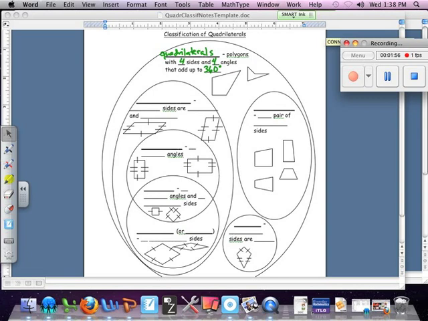Trapezoids? These are trapezoids. Now, this one might throw some people, or even this one, because the trapezoid has to have one pair of parallel sides, but it doesn't have to be one on the bottom and one on the top. It could be held sideways, it could be held slanted.